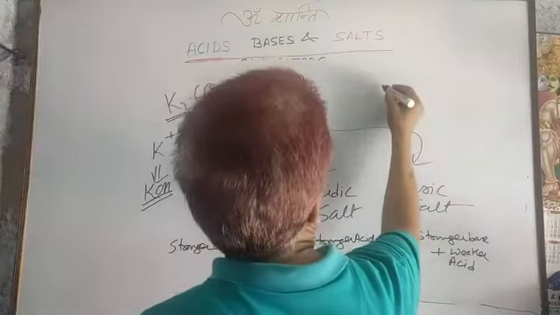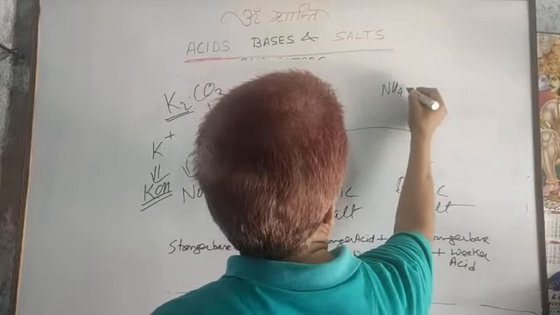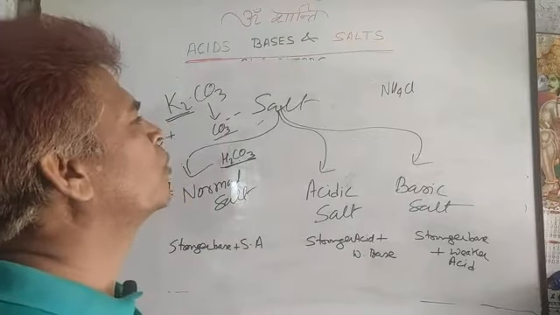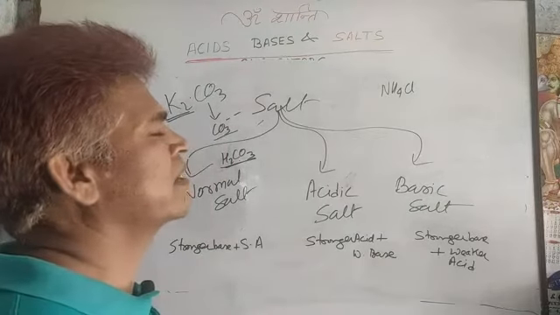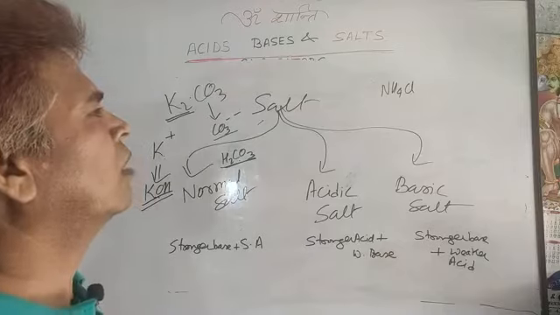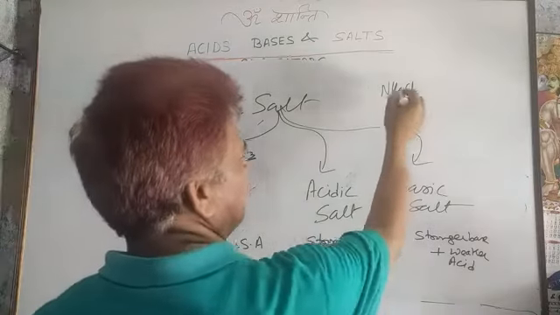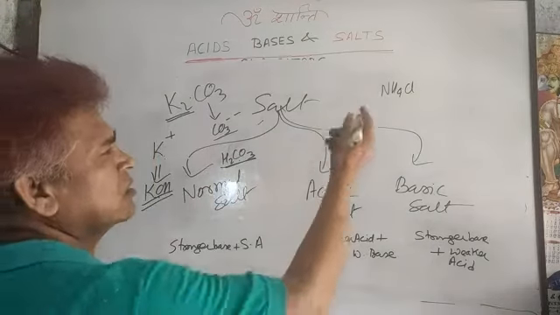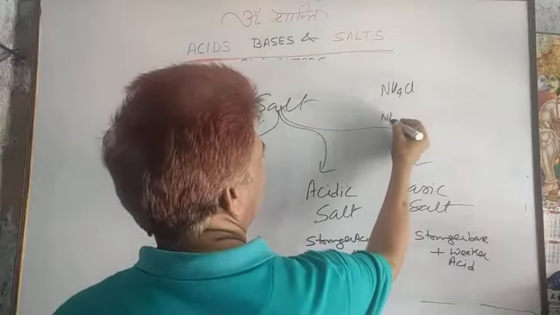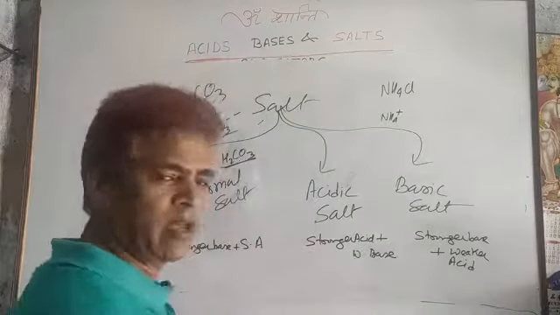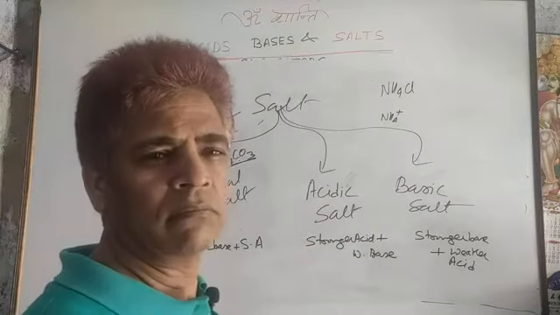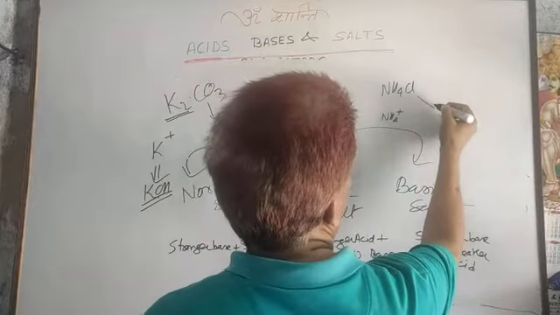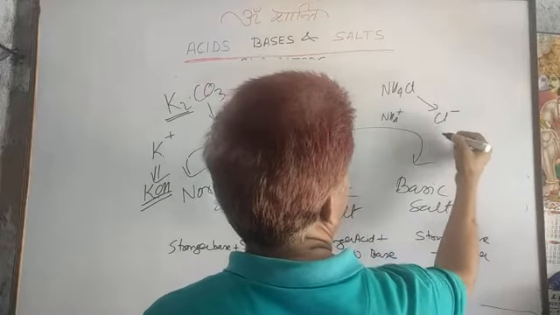Suppose you have written another example, ammonium chloride, and you want to know whether that salt is acidic in nature or normal salt or basic salt. First of all you find the radicals of that salt. In this salt the basic radical is ammonium, from the base ammonium hydroxide. Ammonium is the basic radical, and the other is the chloride radical, Cl minus.